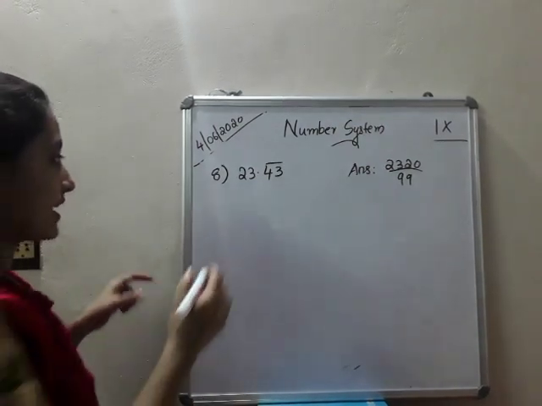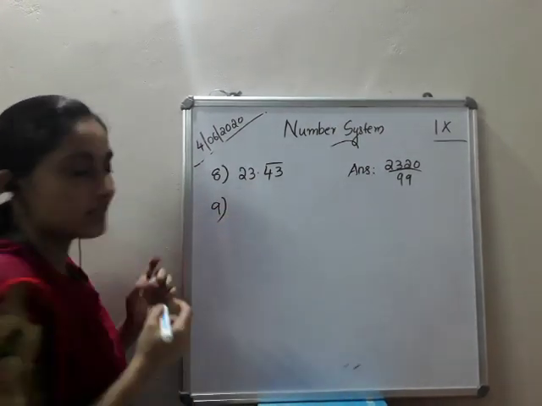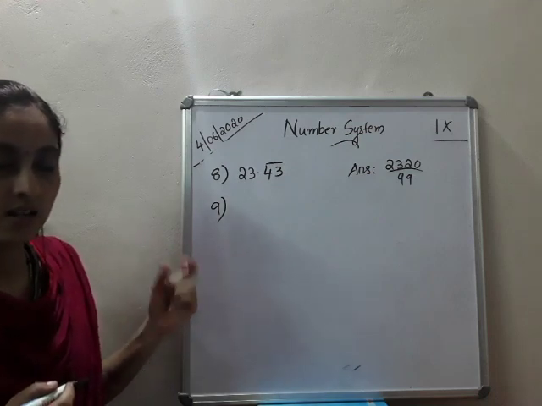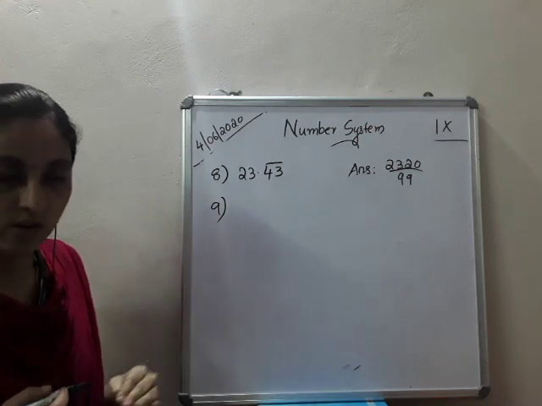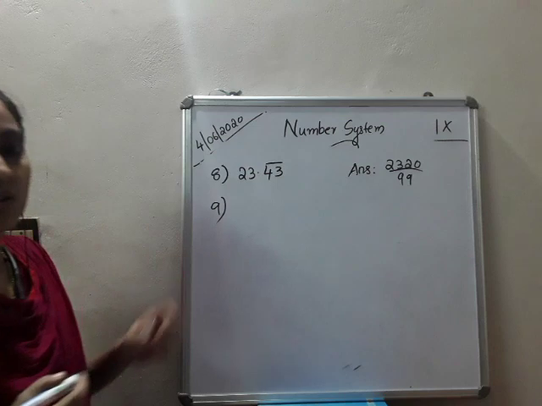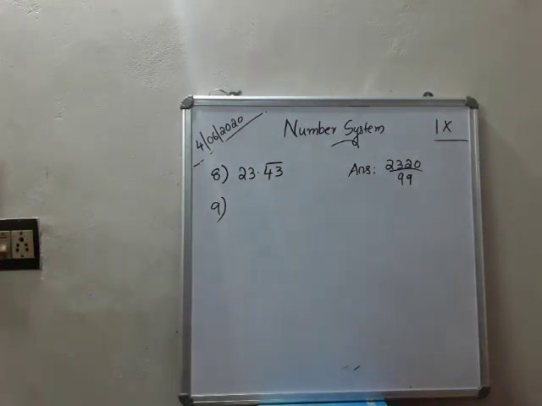Next question please write down. Similar type, that is why I will not explain. This much I think you already know what the steps are. So 9th question please write down.